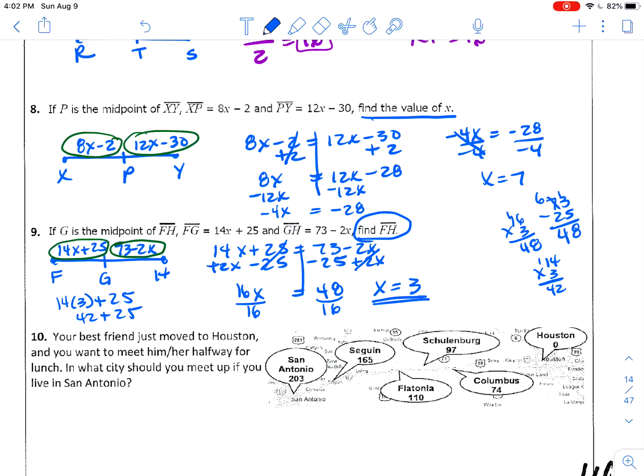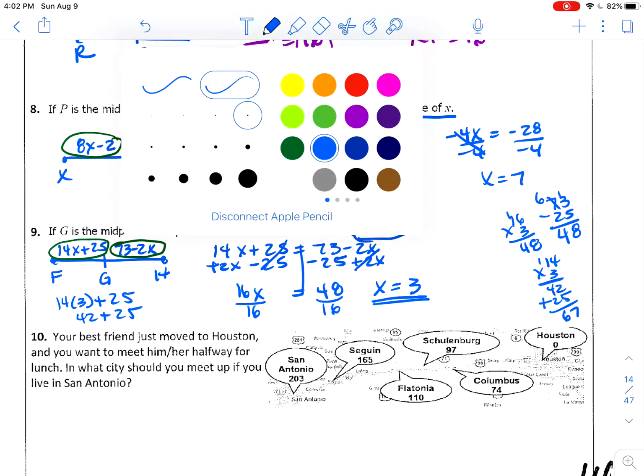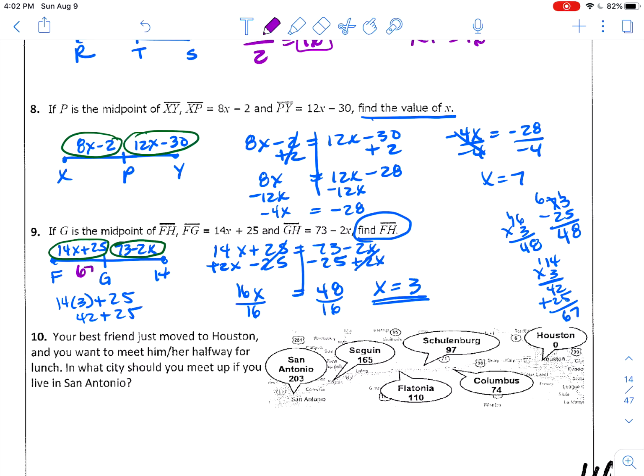So 42 plus 25 is 67. So we know that each of these is 67. Let's go ahead and double that. 14, carry the 1, 12, 13. How about 134? We know that the entire segment FH is 134.